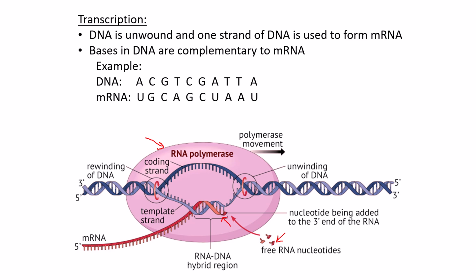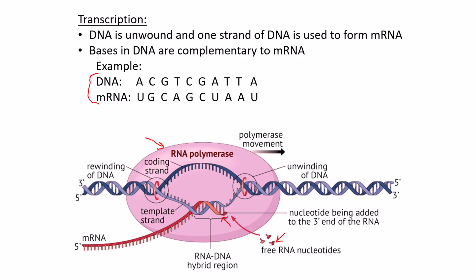Once the mRNA gets finished being made, once the RNA polymerase gets to the end of the gene, the DNA segment, then the DNA closes back up and the mRNA is going to leave the nucleus. Now do know that when mRNA is made, the individual pieces of the RNA nucleotides that are grabbed depend on what bases are on the DNA.